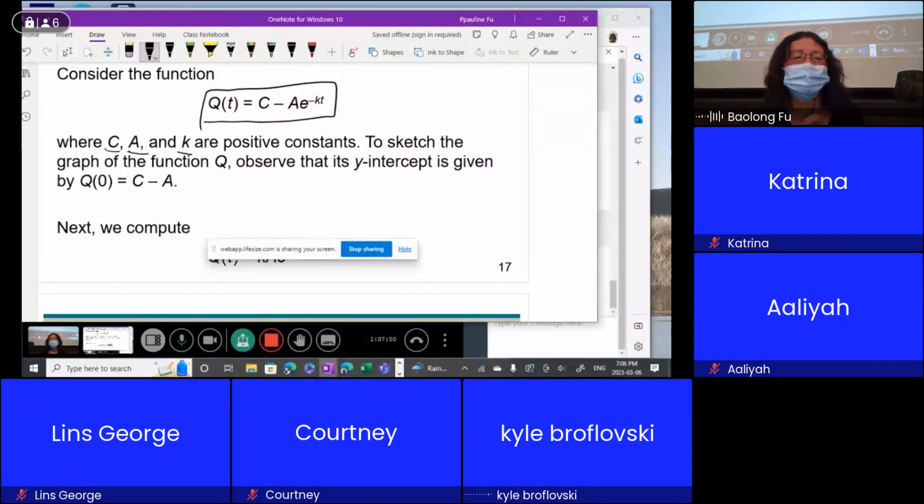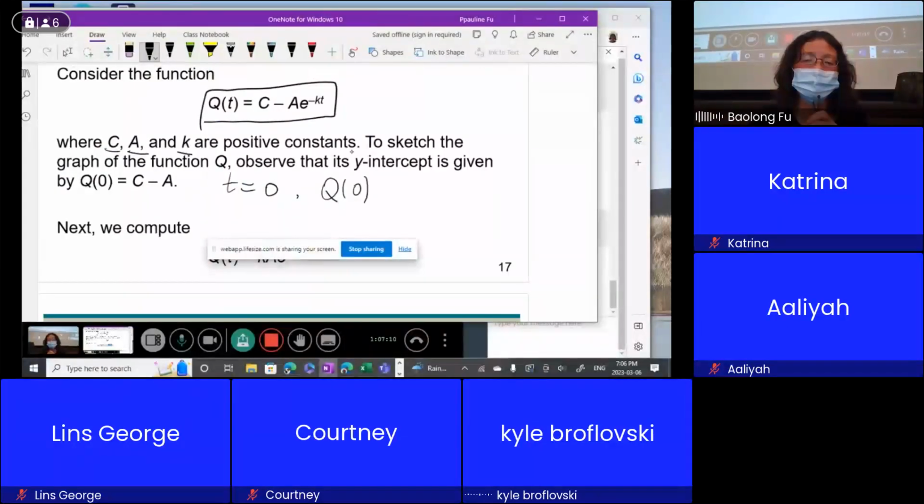So first, we observe that if t equal to 0, so what is Q0? Just plug in t equal to 0, k times 0. This is the original function.